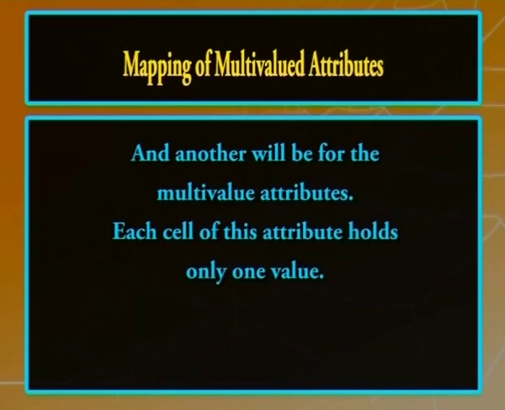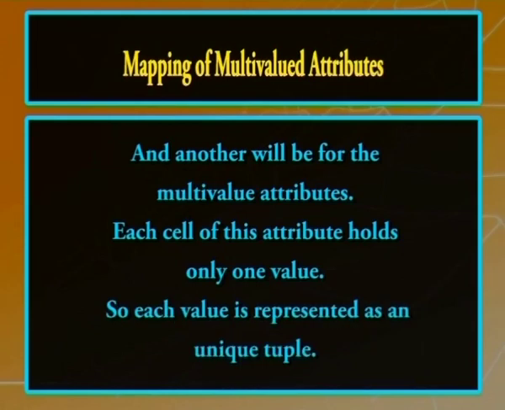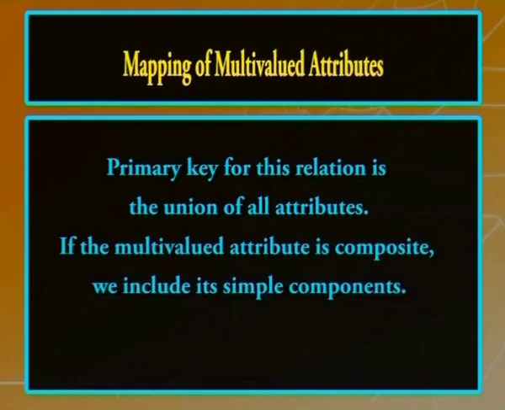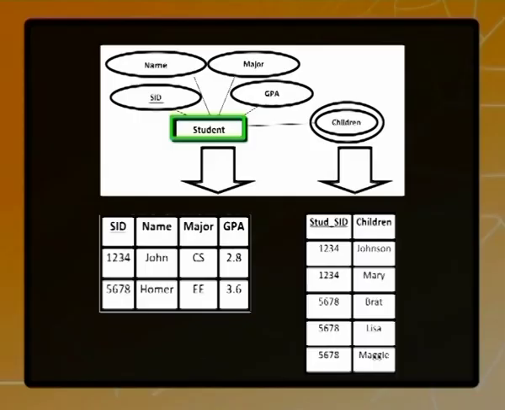Each cell of this attribute holds only one value, so each value is represented as a unique tuple. The primary key for this relation is the union of all the attributes. If the multi-valued attribute is composite, we include its simple components.